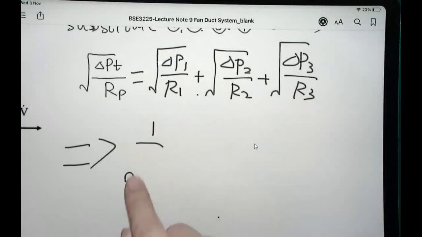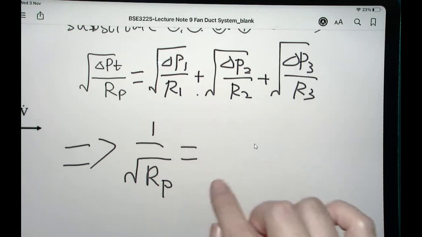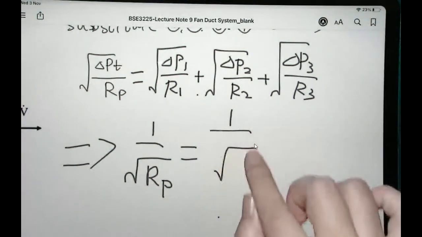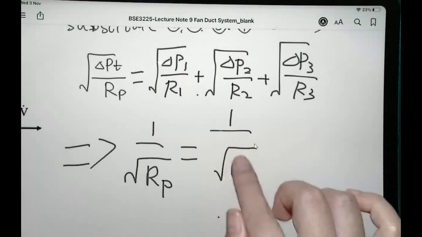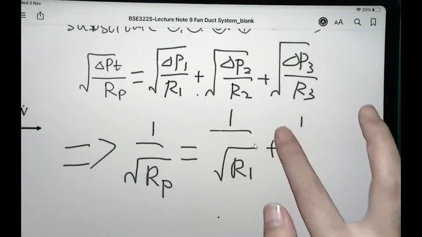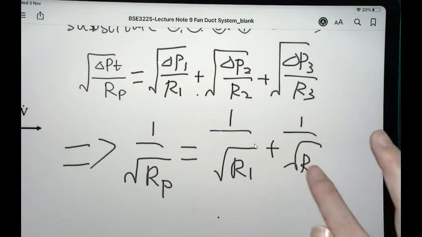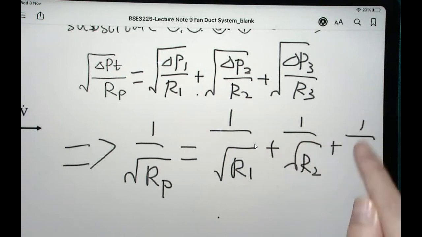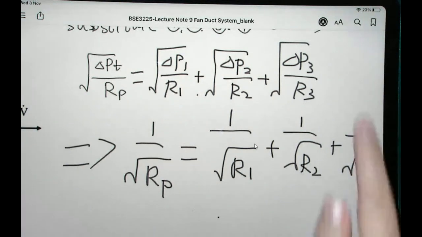The inverse of the square root of the duct system resistance equals the inverse of the square root of the first duct section resistance plus the second duct resistance plus that for the third duct resistance.